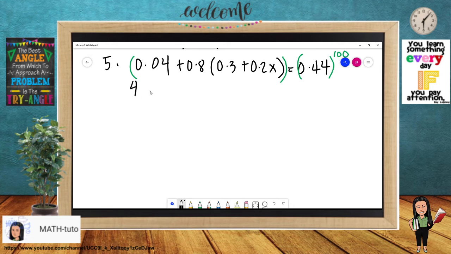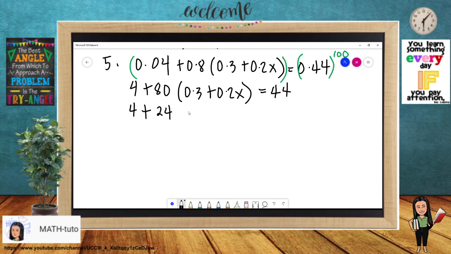So, this is 4 plus 80 times 0.3 plus 0.2x equal to 44. Okay? So, this is 4 plus 80 times 0.3 is 24, plus 80 times 0.2 is 16x equal to 44. So this is 28 plus 16x equal to 44.